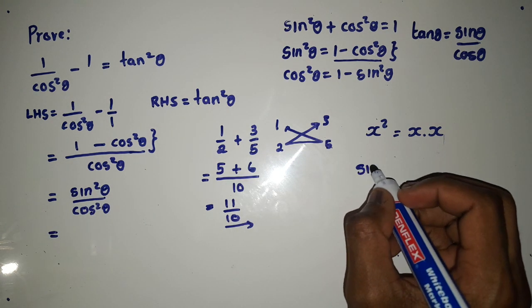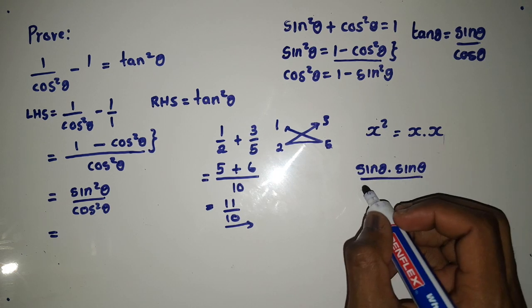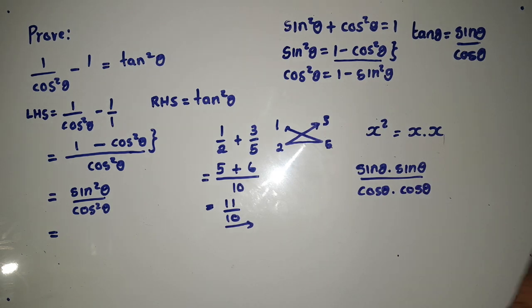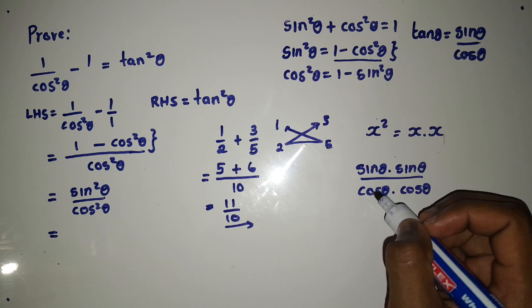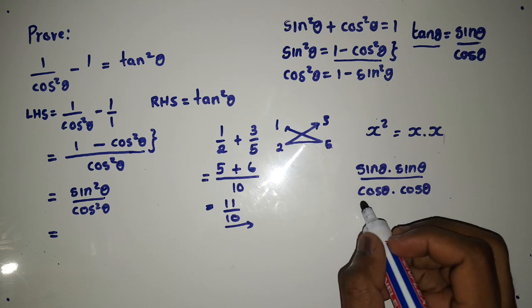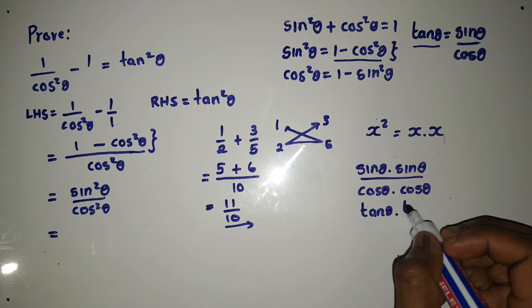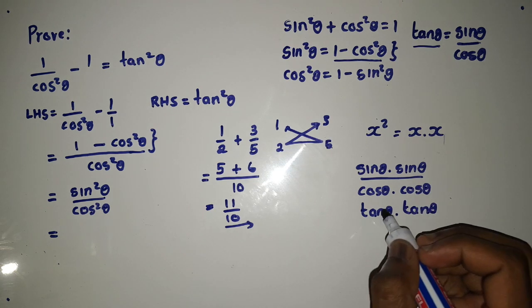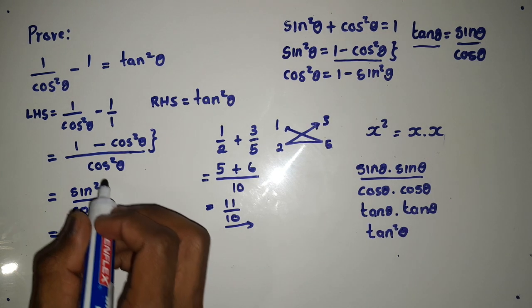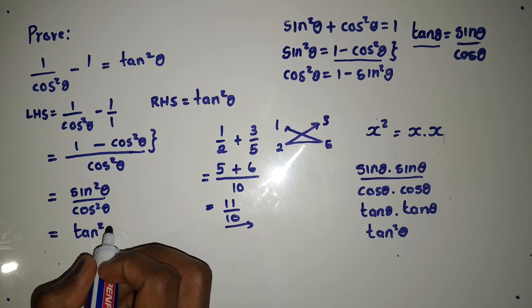I have sine theta multiplied by sine theta over cos theta multiplied by cos theta, and sine divided by cos gives us tan. I have tan for this one and tan for this one. Tan multiplied by tan, we get tan squared theta.